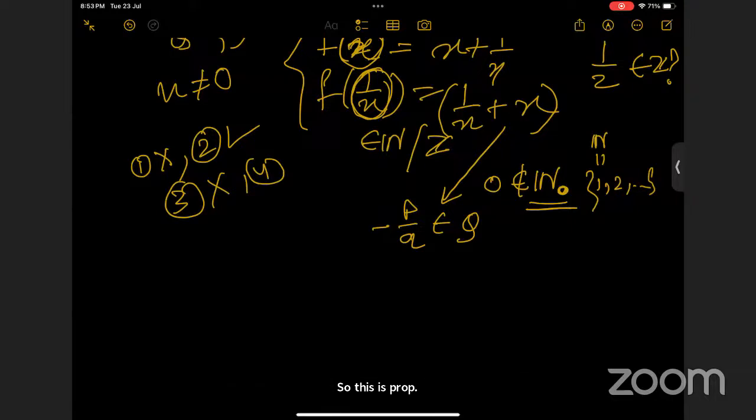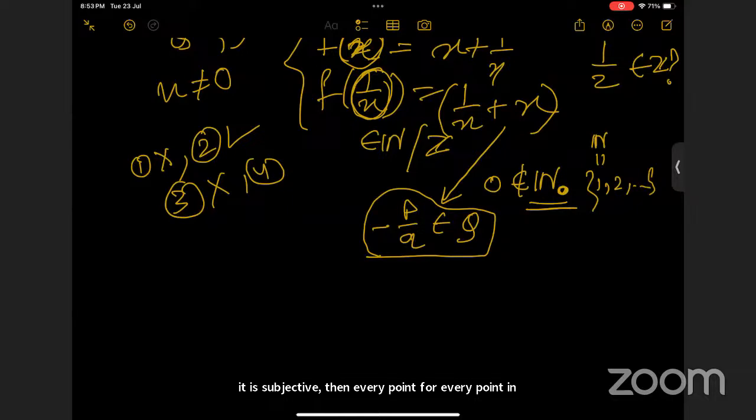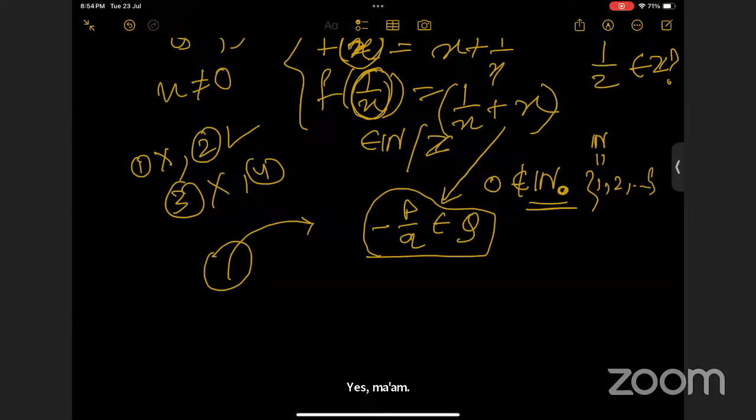If it is surjective, then for every point in the range we will get some point in the domain such that the functional value of the point is that point. There are points in Q for which we don't have any pre-image, for any negative rational number.